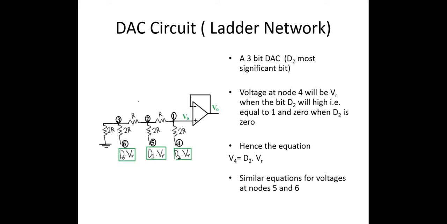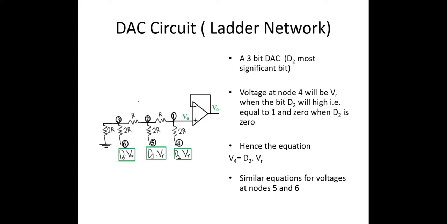The respective node voltage is VR if the respective bit is 1, and it is 0 if the respective bit is 0. As an example, node number 4 will have voltage equal to VR if D2 is equal to 1, and its voltage will be 0 if D2 is 0.